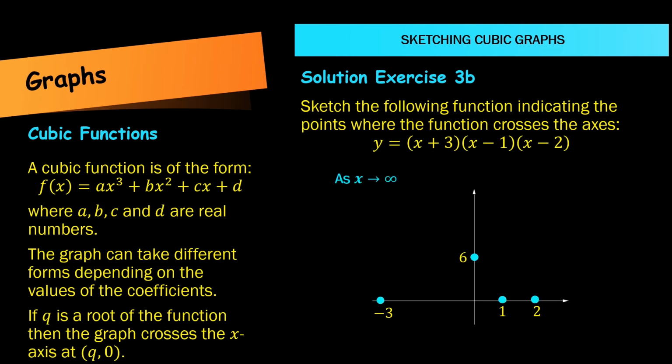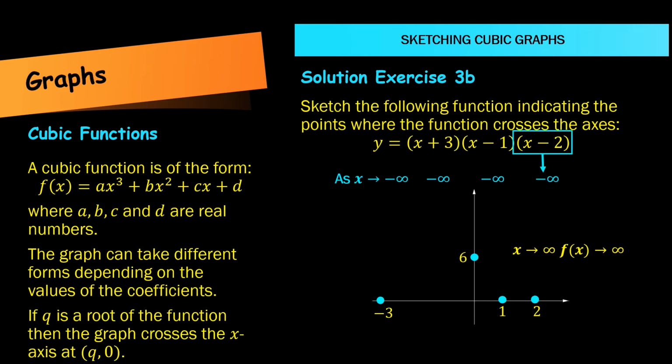What happens as x tends to infinity? We have x plus 3 tending to infinity, x minus 1 tending to infinity, and x minus 2 tending to infinity. So of course f of x tends to infinity also. As x tends to minus infinity, we have x plus 3 tending to minus infinity, and also x minus 1 tending to minus infinity, and x minus 2 tending to minus infinity.